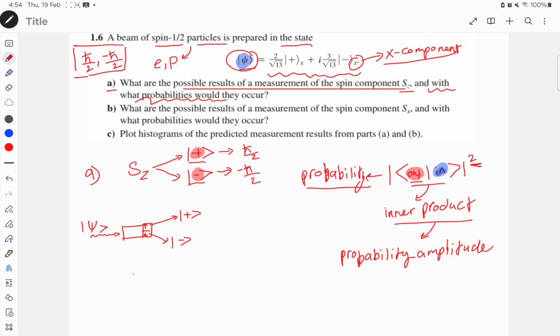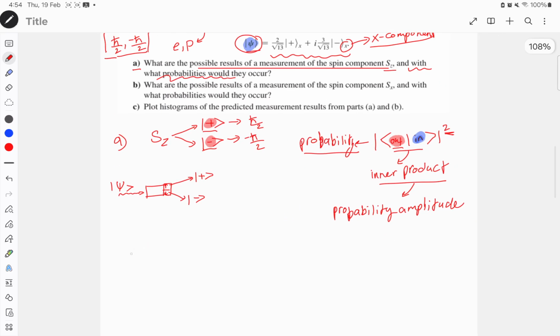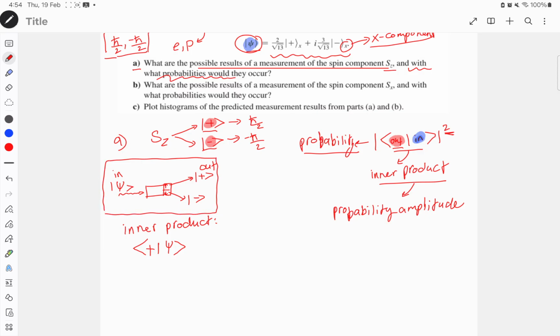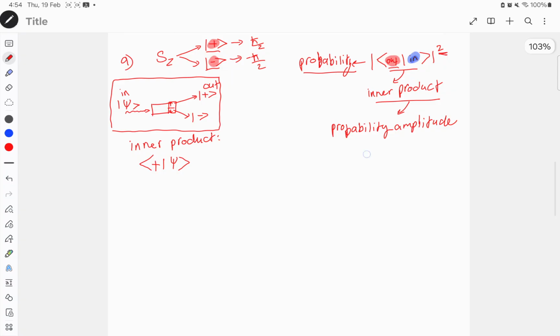Now how will we do the inner product? We have the out and we have the in. This is the in, this is the out, as you can see here. We will do the first inner product for this, then we'll do this one.